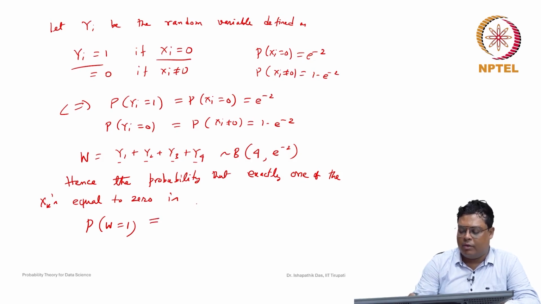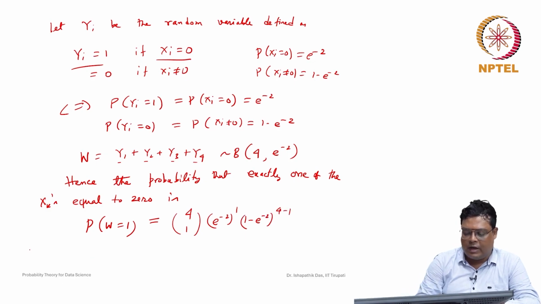By the binomial distribution, what is the probability mass function? This is 4C1, p to the power of 1 and (1 minus p) to the power of 4 minus 1.